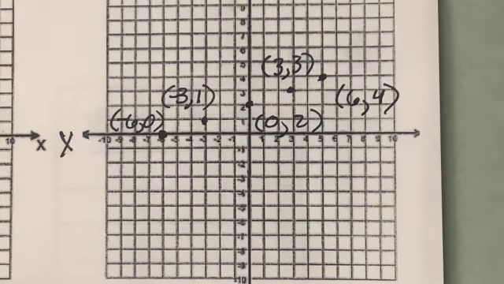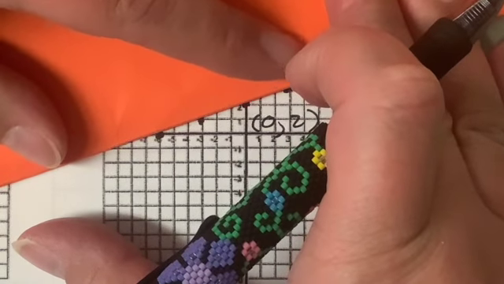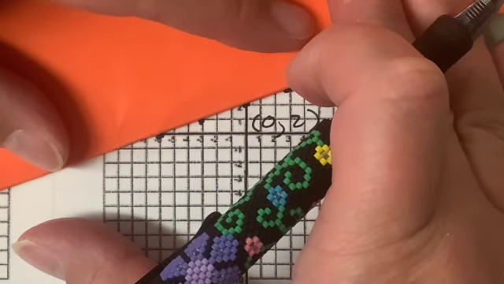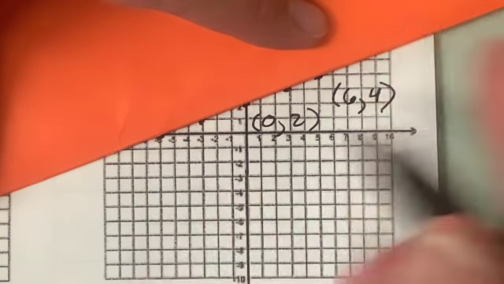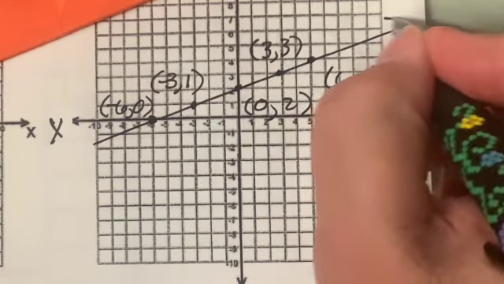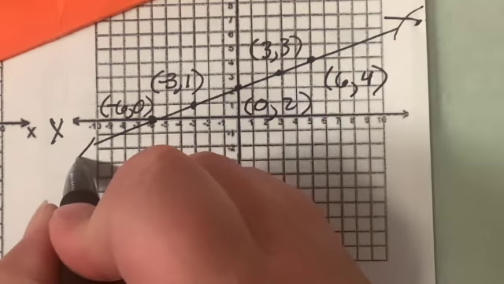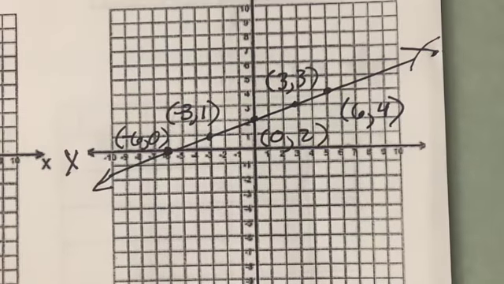Now I'm going to be very careful this time. I'm not going to do the messiness I did before. I'm going to line my arrows up, my points up. So when I draw my line, I'm going through all of my points, an arrow on each side. And look, I go all the way across the graph paper.